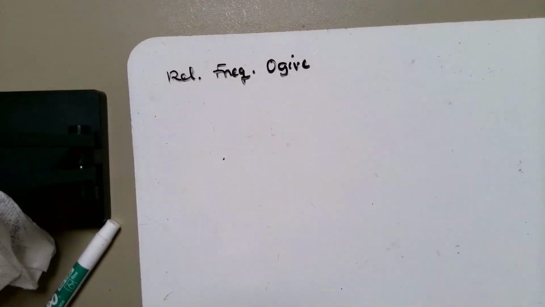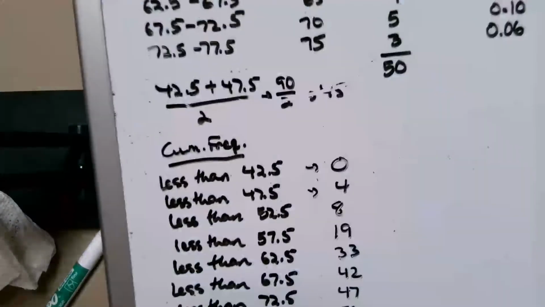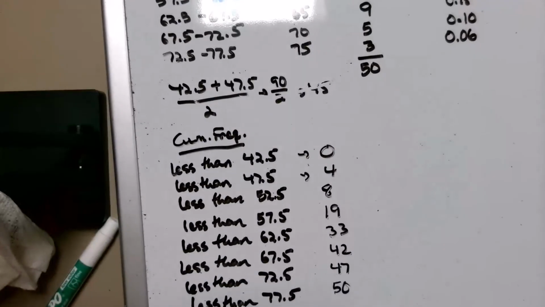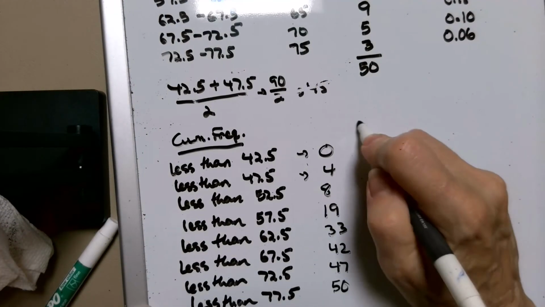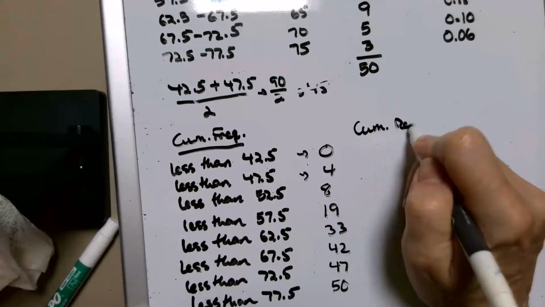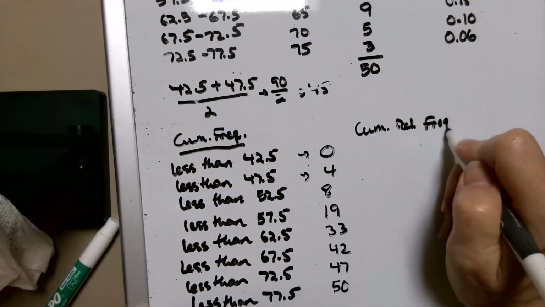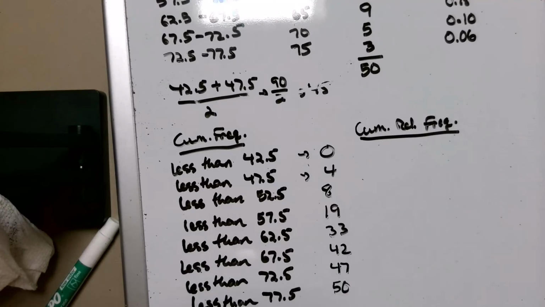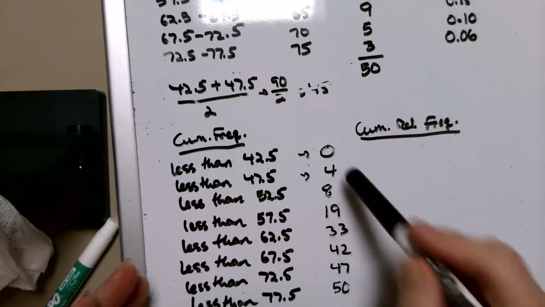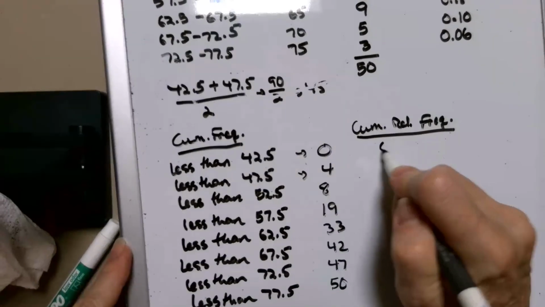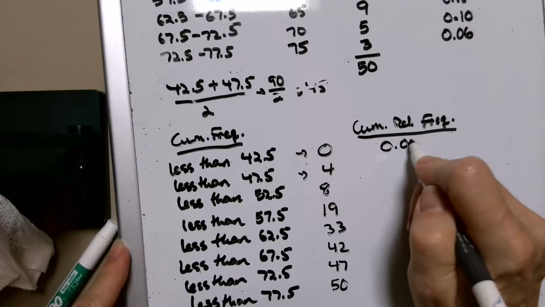And so what we have to do is go back to this, where we've got our cumulative frequency, and make a cumulative relative frequency column here. So if the frequency is 0, remember it was out of 50, 0 divided by 50, the cumulative relative frequency would be 0 here.